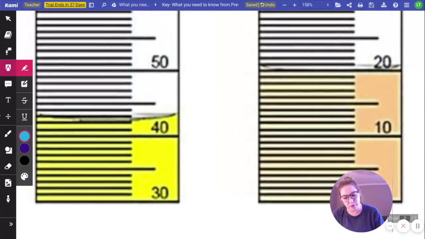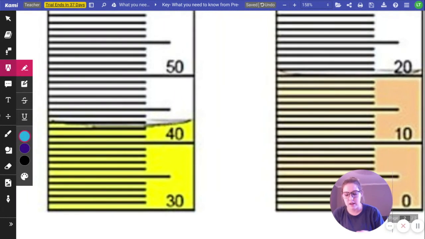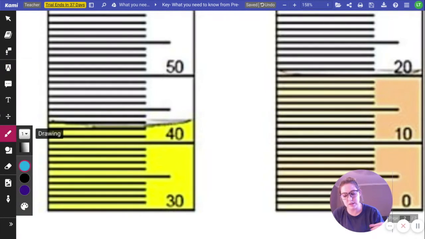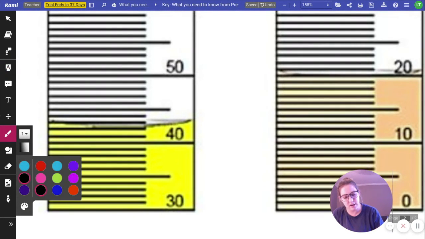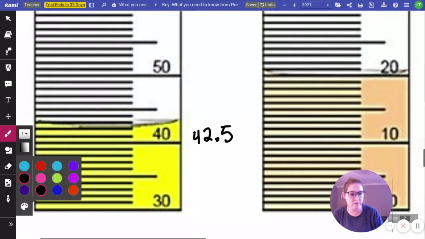For example, on this one, each line represents a 1. So I would read this as about 42, and then I'm going to guesstimate that last digit. It's not marked, but it looks like about 42.5 to me.